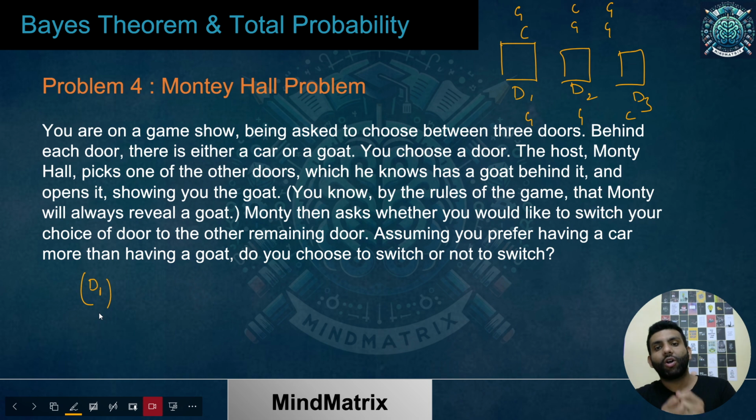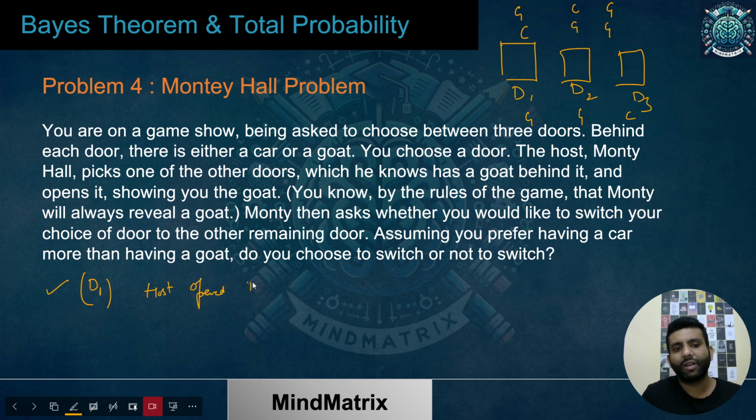Now, because he has shown you one door having a goat, he will ask you, would you like to change your opinion? Would you like to change the door you are looking for behind which the car can be? Let's suppose from D1 you pick D3. So let me just write this. Initially you picked D1, host opened D2.